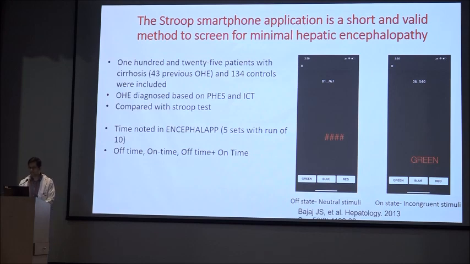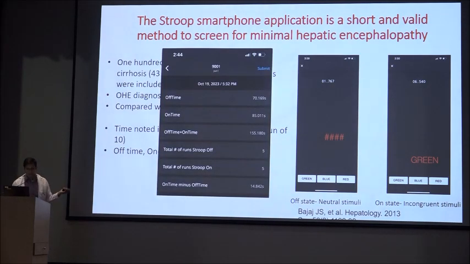There are 5 sets with a run of 10, and the normal value here is 155 seconds. You diagnose MHE if it is more than 197 seconds. That's the amount of time that a patient with MHE would take to complete these tests.